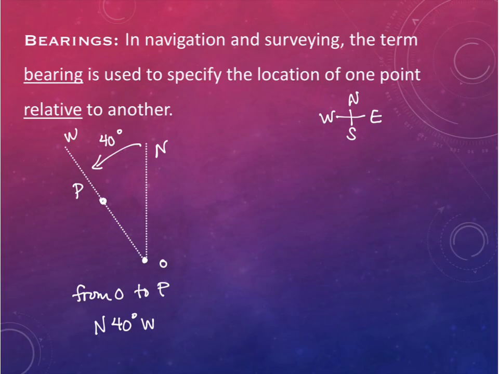All right, so let's actually do a different one. Let's say the picture looked like this to start with. We're still going from O to P. So how would you describe this in terms of bearings from O to P?